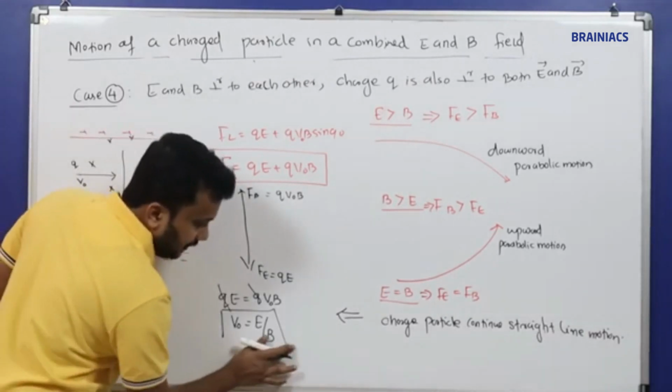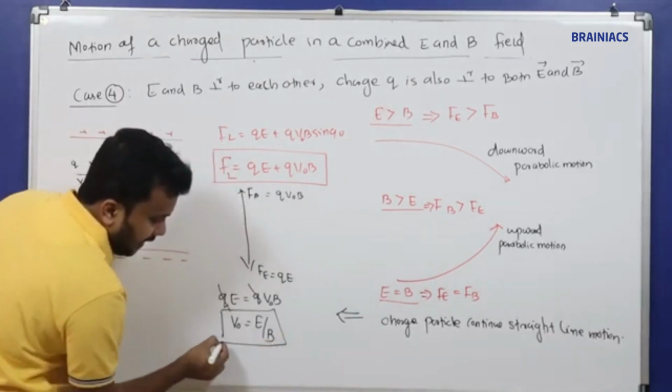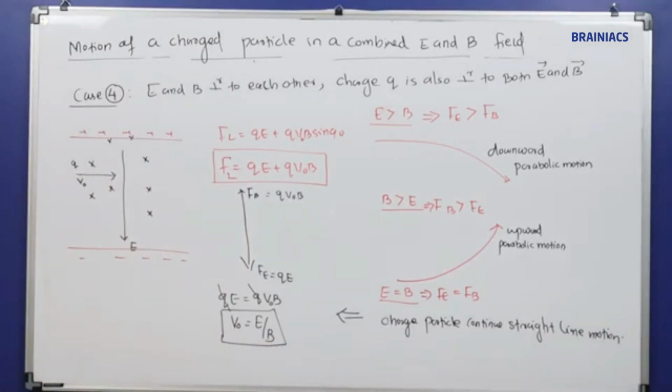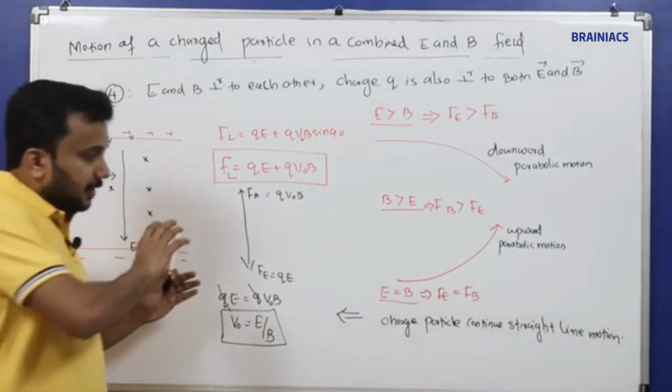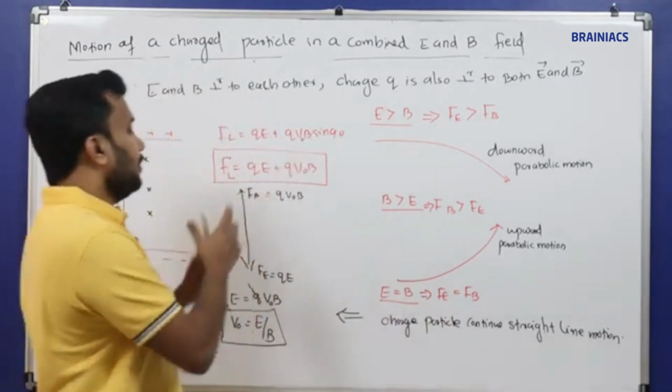So V0 equals electric field divided by magnetic field, because electrical force and magnetic force are equal, so the particle goes neither downward nor upward.